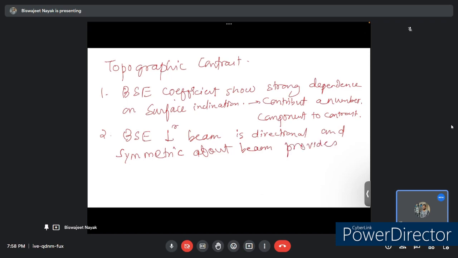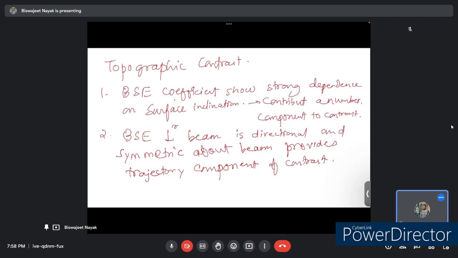And if there is any tilting, they become highly directional and asymmetrical, and those surfaces form a center for forward scattering.